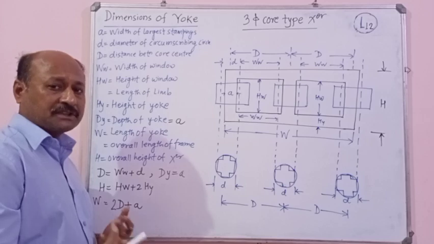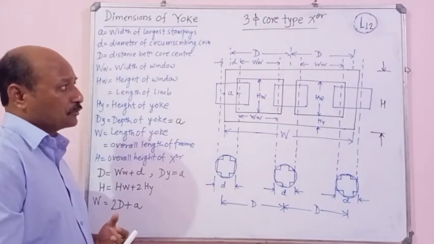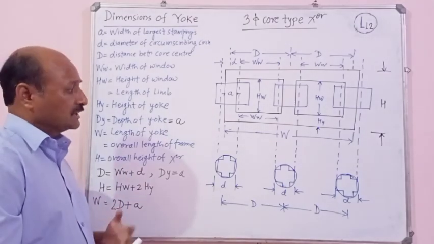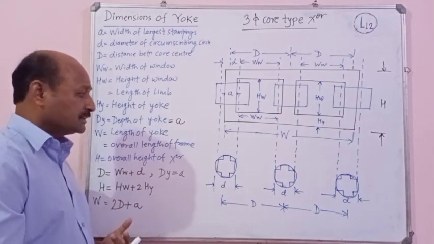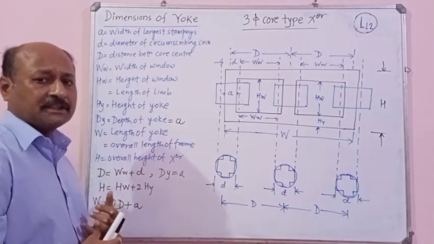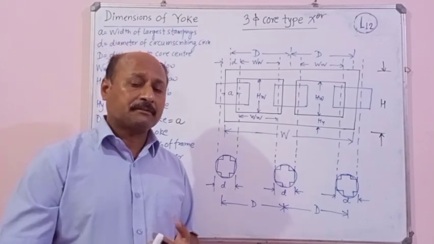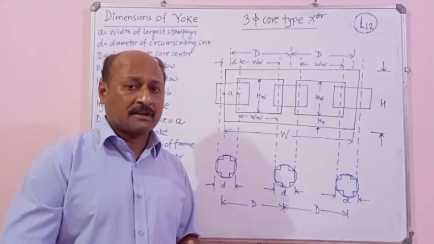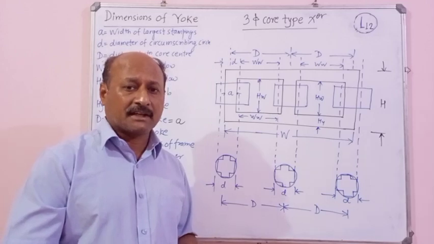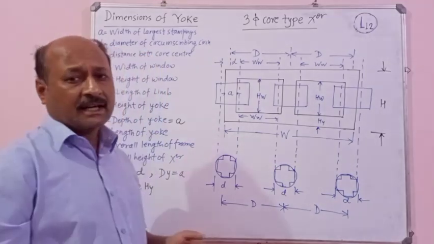Depending upon which transformer we have to design, you have to draw the diagram and write the relations. Some data is given in the numerical, and sometimes you have to assume the data. So many data are there.